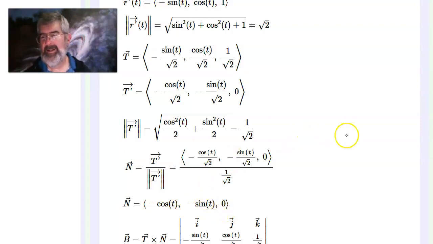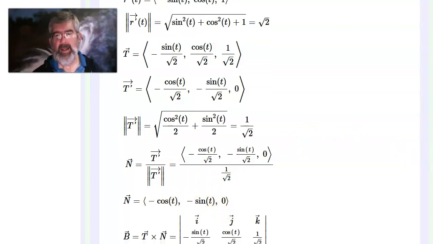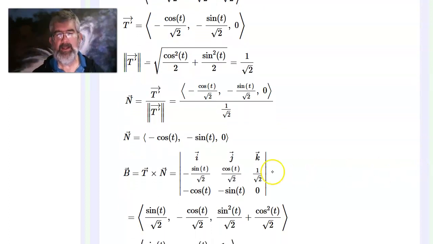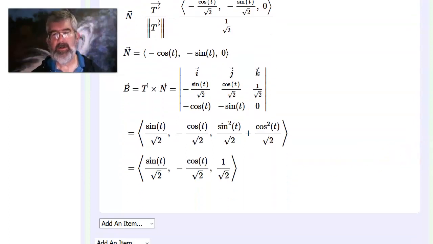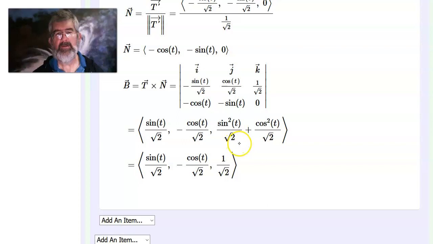So there's that. And then we have the binormal vector, which is the cross product of T with N. So this was T, that's N, and we do this, giving us the binormal vector as that.